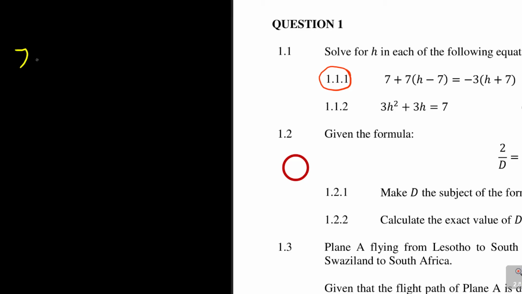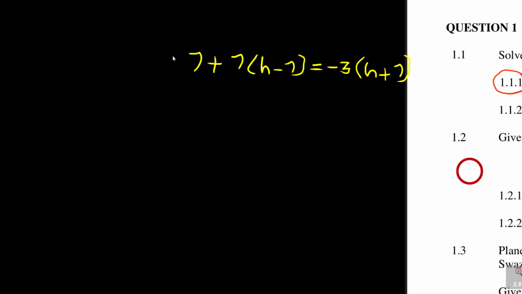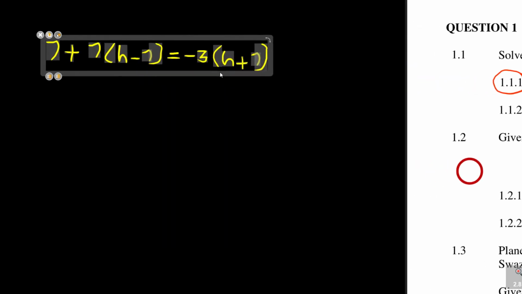It says 7 plus 7h minus 7 is equal to minus 3, and we have h plus 7. All right, so let's take this to this side here.